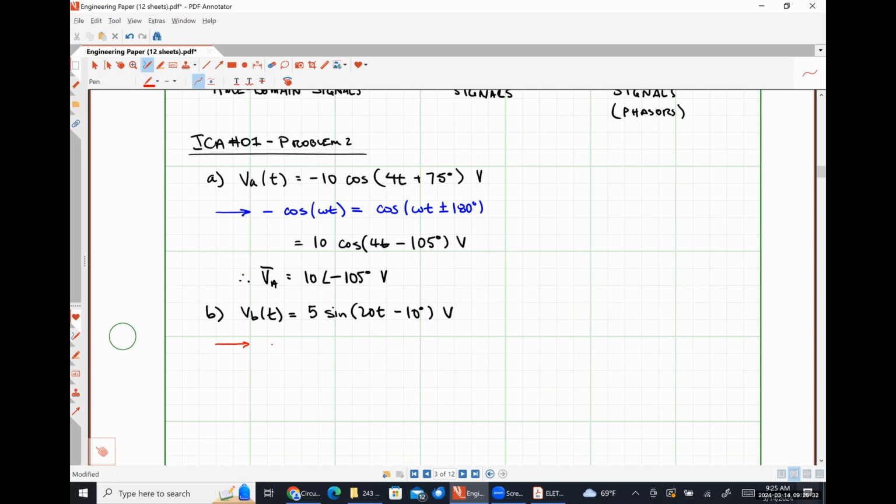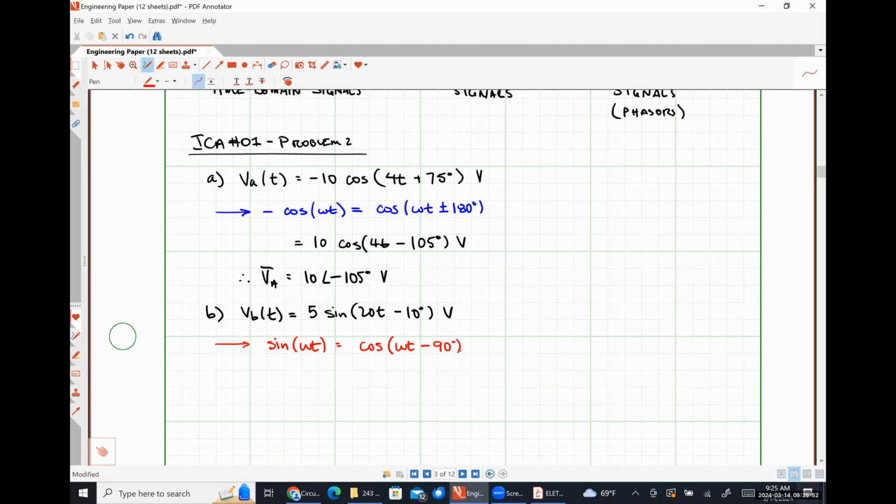And this identity is that the sine of omega t is equal to the cosine of omega t minus 90 degrees.